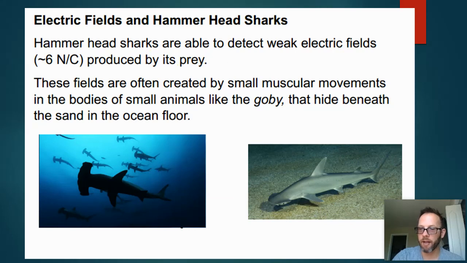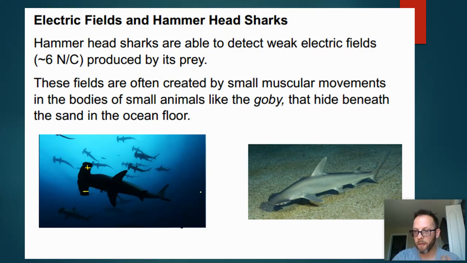Another example of electric fields in nature is hammerhead sharks. Obviously they're called hammerhead sharks because it looks like they have a hammer on their head. But the purpose of that is actually for them to create an unbalanced electric field so that they can detect prey.